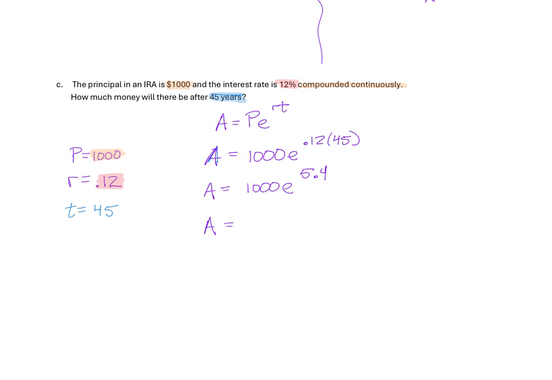And so to get the E, we press second ln, and it's going to pull up our E. All right, when I do this, I get 221,406.42. We're going to round up. And we're done.